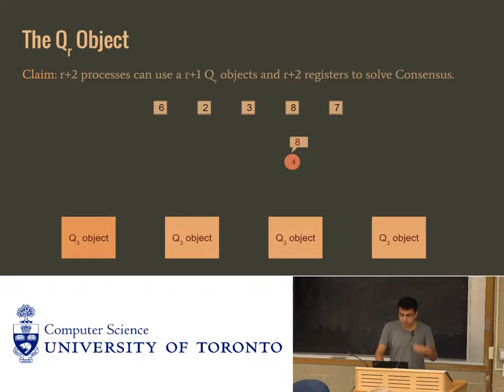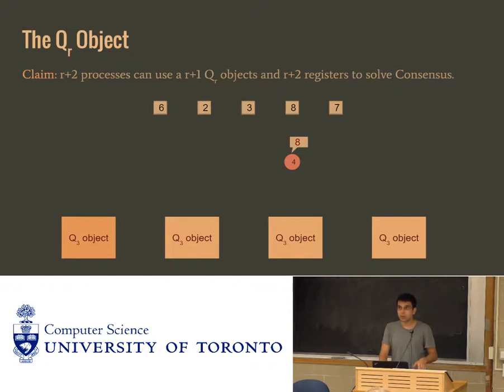Now, what do the rest of the processes do? They can't query the first Q3 object directly because there are 4 processes, and the Q3 object is queryable only 3 times. To solve this problem, we can have the rest of the processes first compete at the next Q3 object. One of them will get returned win, the rest will be returned fail.